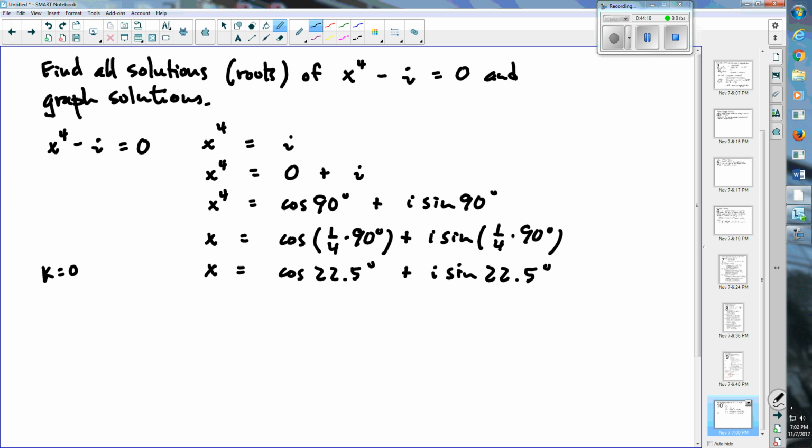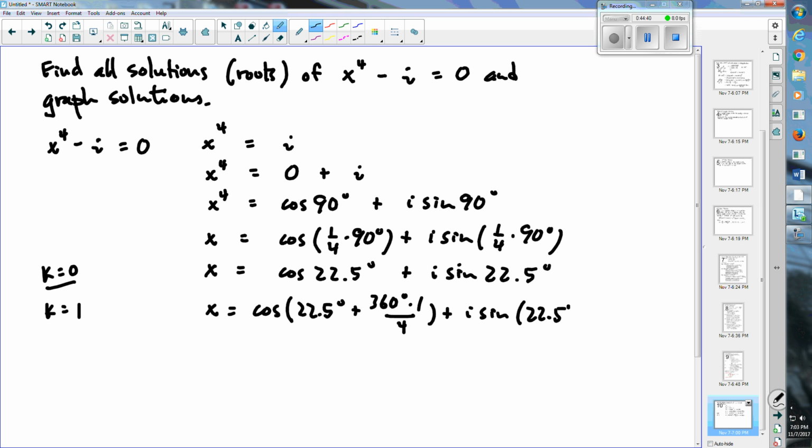All right, and that corresponds to when k is equal to 0. Let's try k is equal to 1. We have x is equal to the cosine of 22.5, I'll just use that instead of 90 over 4, plus 360 times 1, because k is 1 this time, over 4, plus I times the sine of 22.5 degrees plus 360 times 1 over 4.